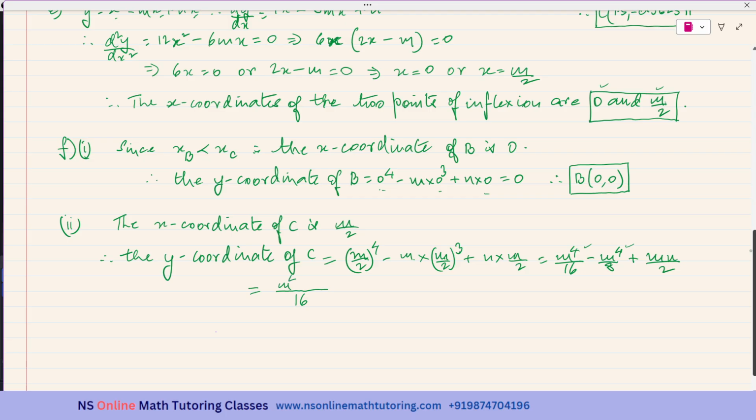So it is m to the power of 4 minus 2m to the power of 4 over 16. I'm writing the positive term first, plus mn over 2 minus m to the power of 4 over 16. Okay. So therefore, C is (m over 2, mn over 2 minus m to the power of 4 over 16).